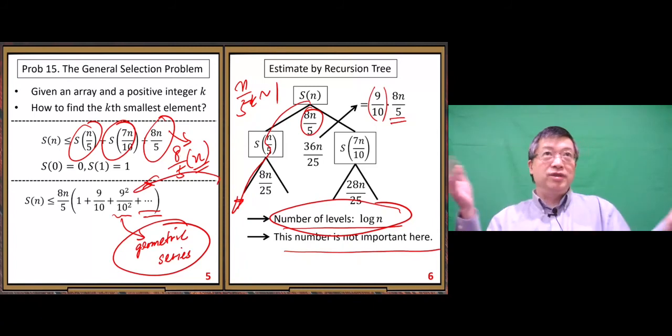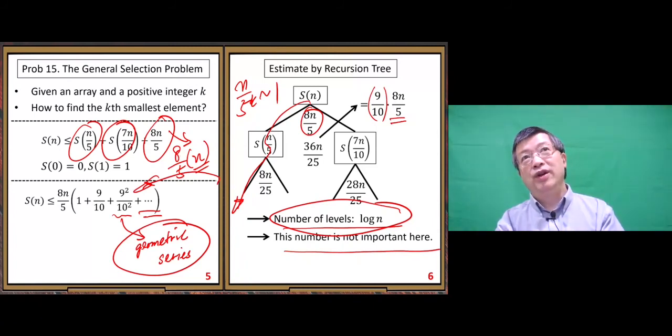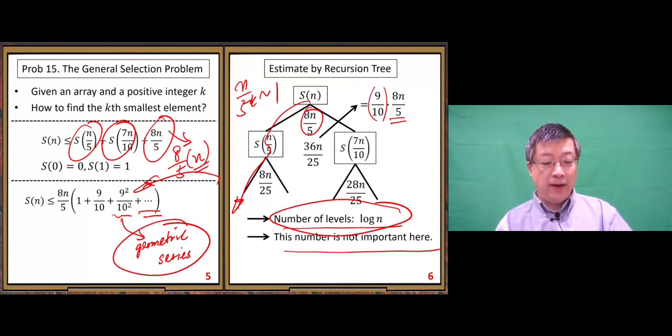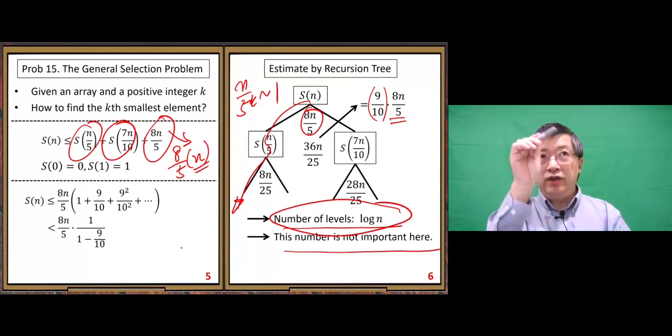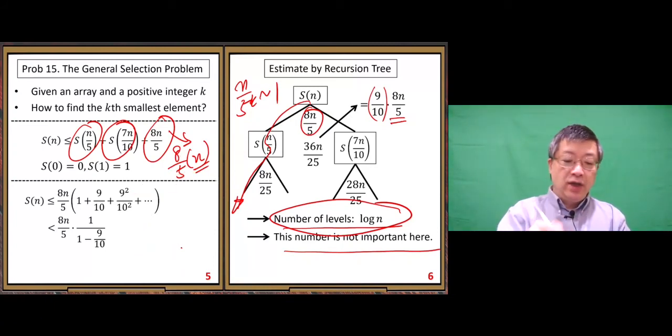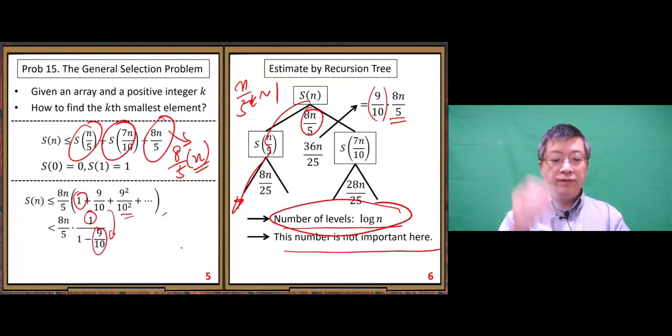How many terms here? Not important anymore. Even an infinite number of terms, we can estimate easily with the formula for the infinite geometric series: the first term, 1 over 1 minus the common ratio. That's the formula.